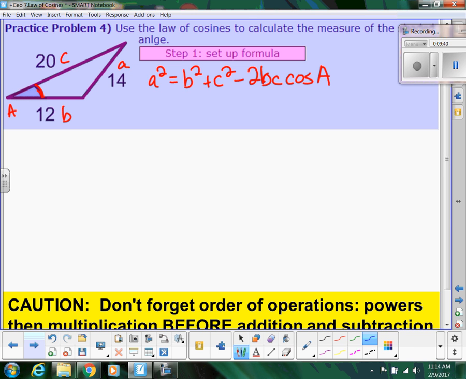So side A is 14 squared, and then this is 12 squared plus 20 squared minus 2 times 12 times 20 cosine of A.